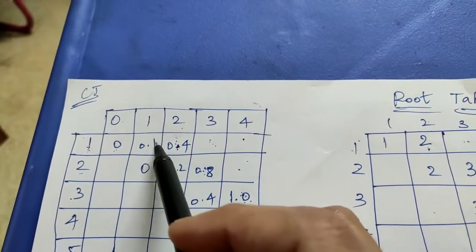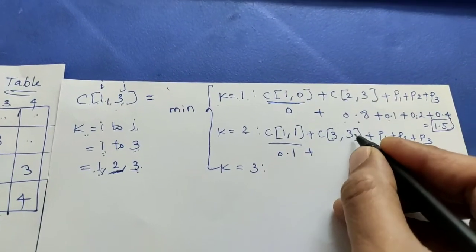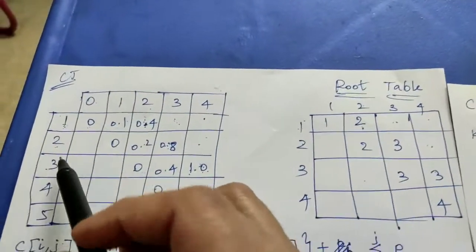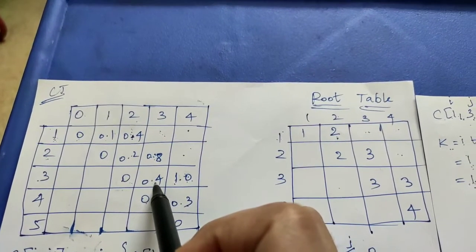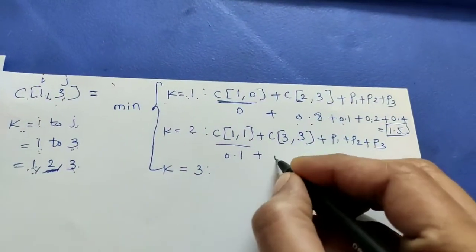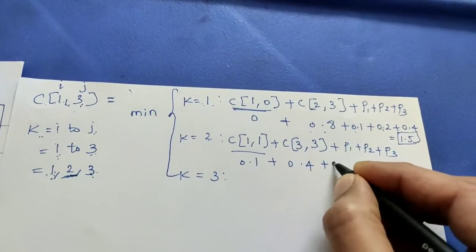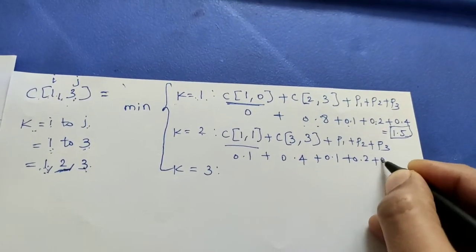Now the value of 1 comma 1 in the cost table is 0.1, plus C of 3 comma 3, which is 0.4, plus 0.1 plus 0.2 plus 0.4.